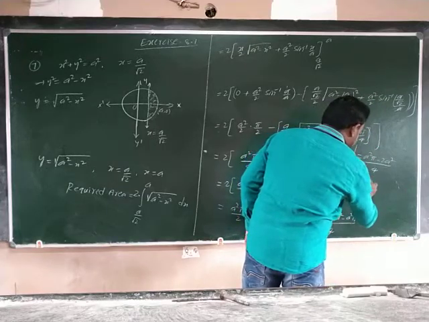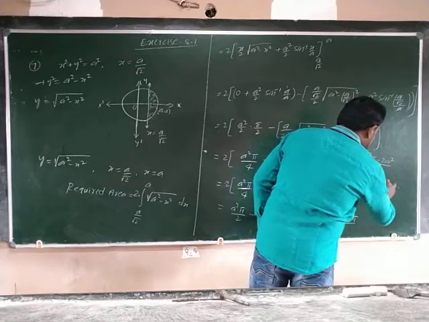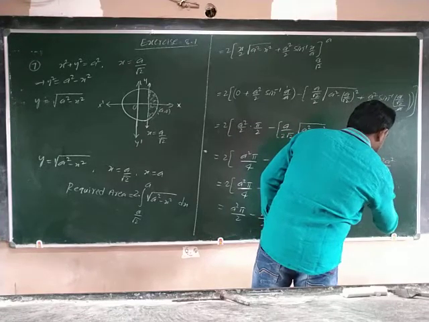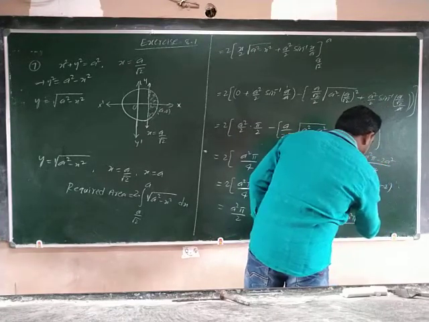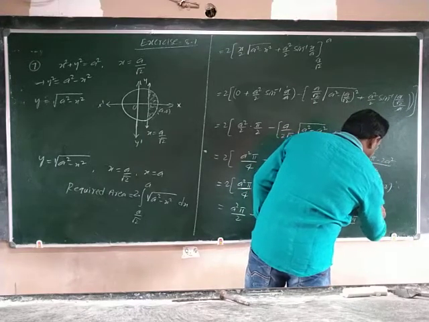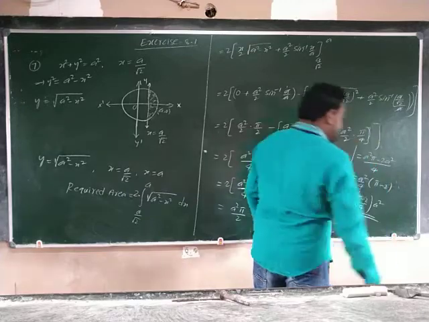Now a square by 4 is common. 5 minus 2 by 4 into a square is the answer.